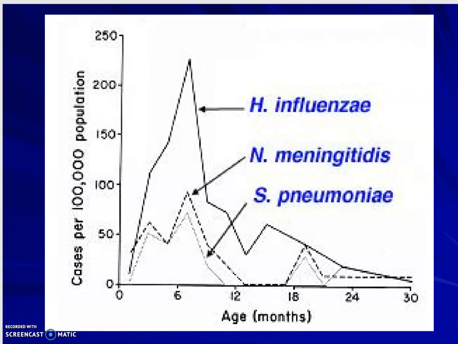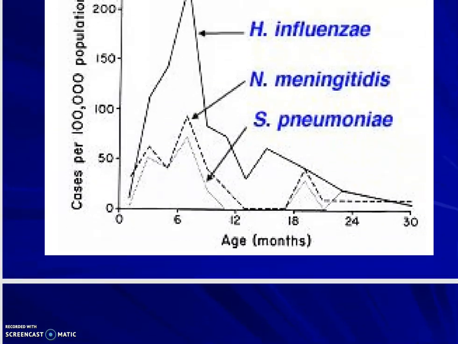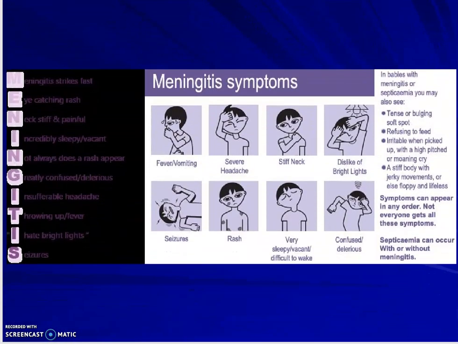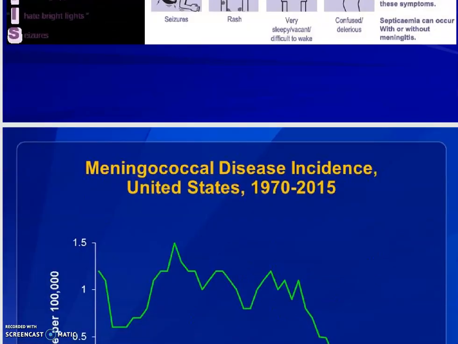So the first year of life, there is this risk for babies in general to have meningitis. And here, meningitis symptoms: severe headache, that's a very typical symptom. Also vomiting, high fever, stiff neck, dislike of bright lights. All of these are meningitis symptoms.